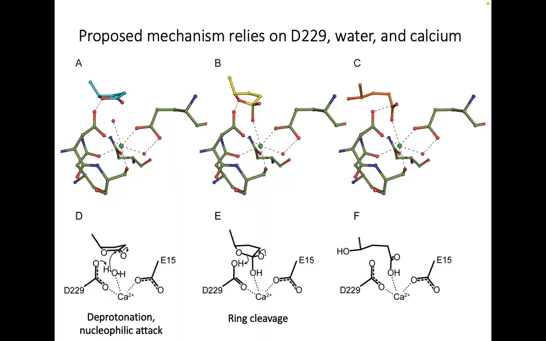So again, we have D229 deprotonating a calcium-bound water molecule. The water attacks our substrate, forms a tetrahedral intermediate, and then that tetrahedral intermediate breaks the lactone ring, stealing that proton back from D229 to form product and allow for repetition of the catalytic cycle.